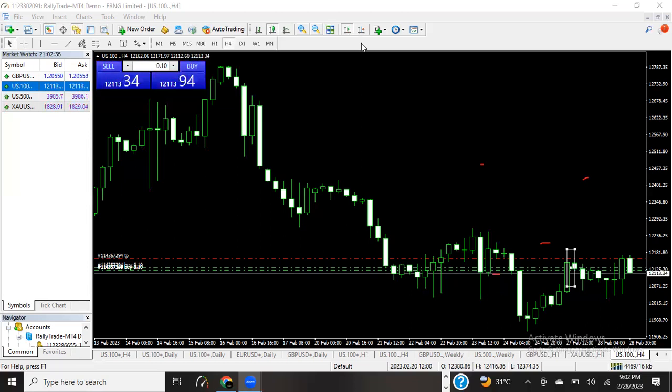Then you talked about 4 parameters. You talked about the opening price, the highest price, the lowest price, and then the closing price. Yes, then you talked about how to know a bullish candlestick and a bearish candlestick.